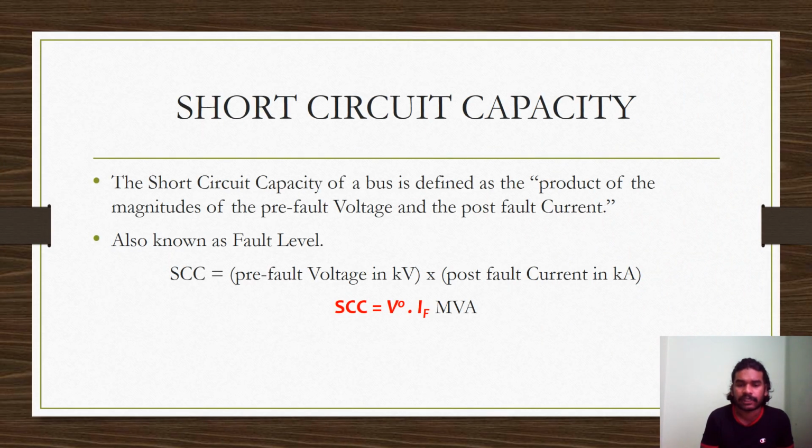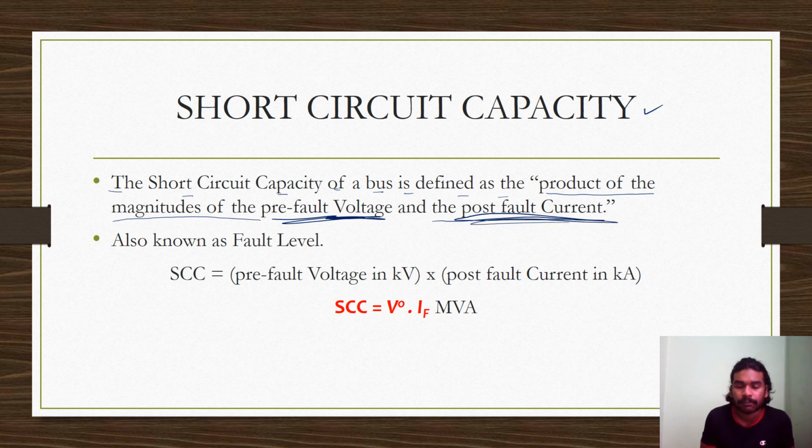Now let's begin our study regarding the short circuit capacity. Now let's define what short circuit capacity means. The short circuit capacity of a bus is defined as the product of the magnitudes of the pre-fault voltage and post-fault current.